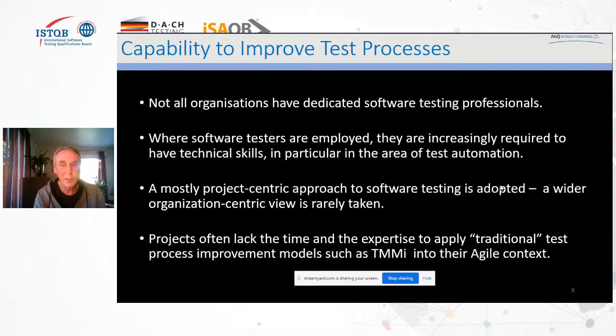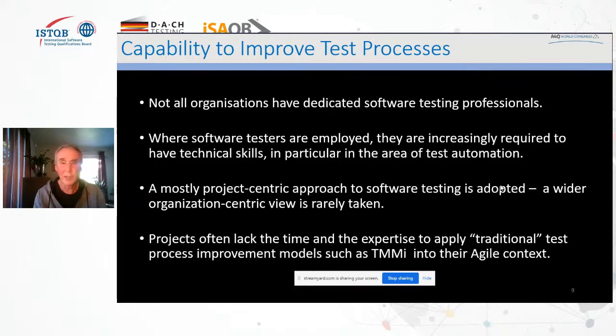Quite a skilled job to do that. And I think that many people tried that. And although these models like TMMI do give you some support on how to do that, it's still quite a highly skilled job. And remember, a lot of agile projects are small, and the people involved simply didn't have the time.